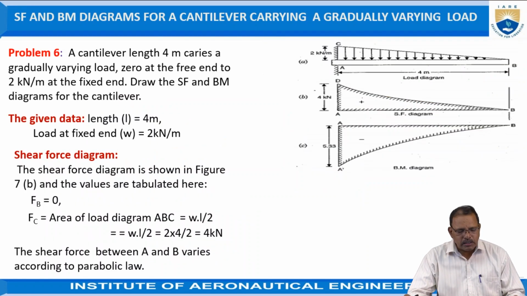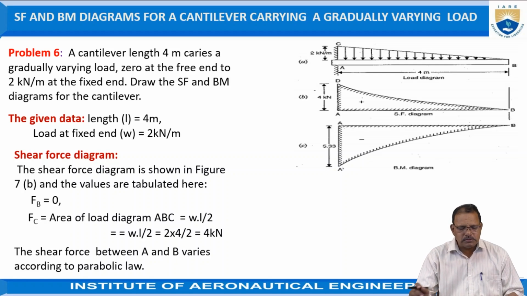Now we are taking certain problems based on uniformly gradually varying load. A cantilever of length 4 meters carries a gradually varying load, 0 at the free end and 2 kilonewton per meter at the fixed end. Draw the shear force and bending moment diagrams for the cantilever.